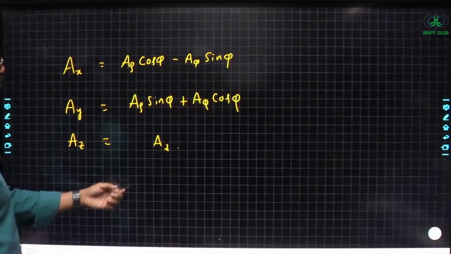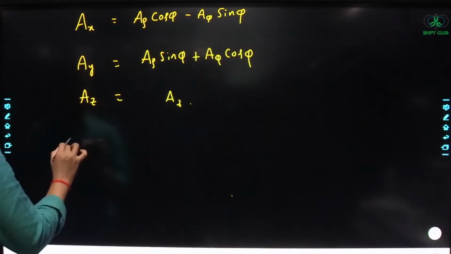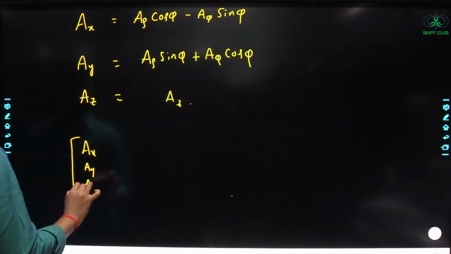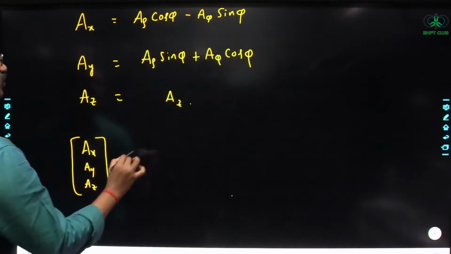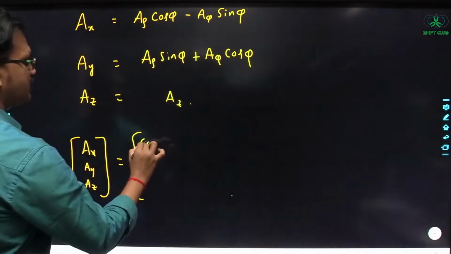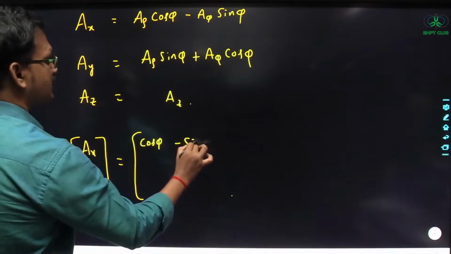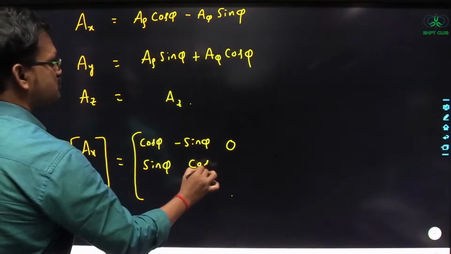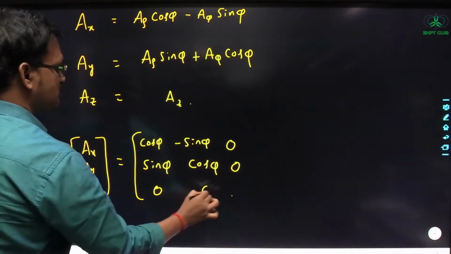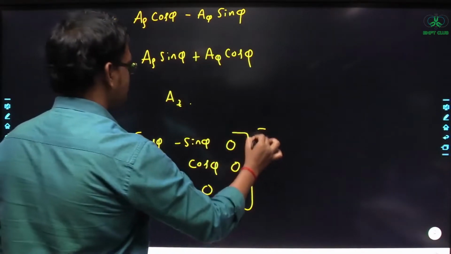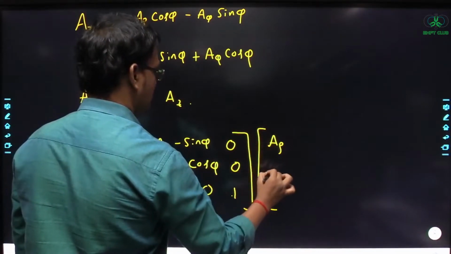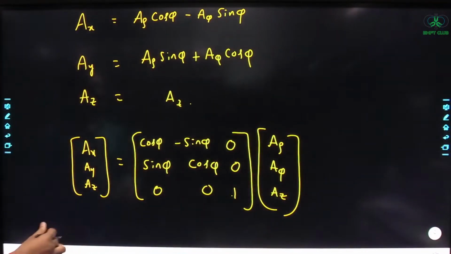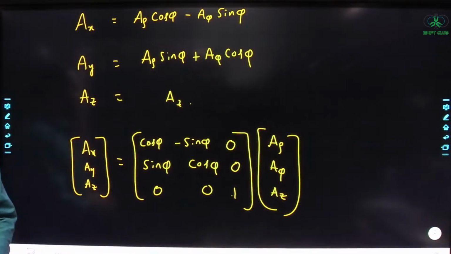So this you can write in matrix form: Ax, Ay, Az is equivalent to the matrix cos phi, minus sin phi, 0; sin phi, cos phi, 0; 0, 0, 1, multiplied by A rho, A phi and Az. So I can write the above equations in matrix form in this manner, isn't it?